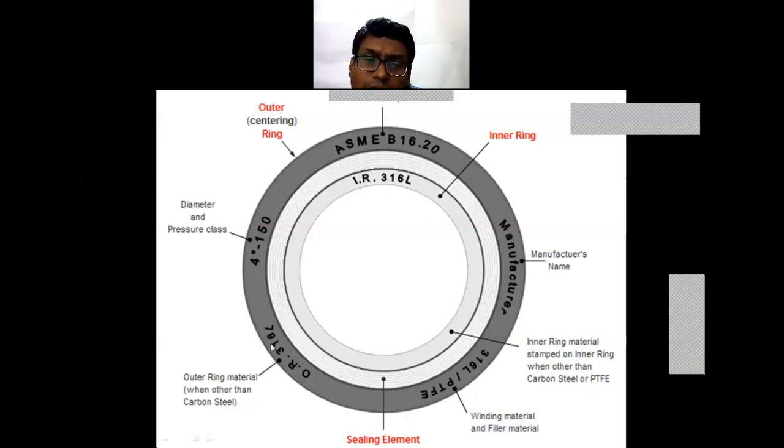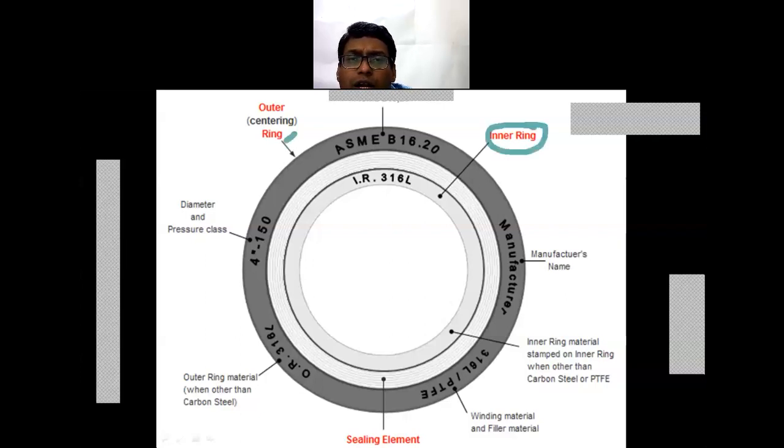This is the outer ring material, that is 316L. The inner ring material is also there, then the sealing element, which is nothing but the spiral arrangement that is provided. So this is the inner ring. You can see the labeling: the inner ring, the outer ring, and the sealing element.